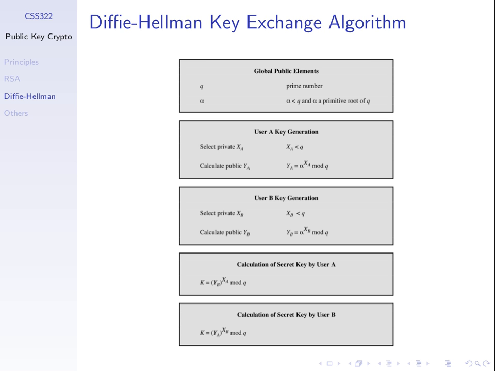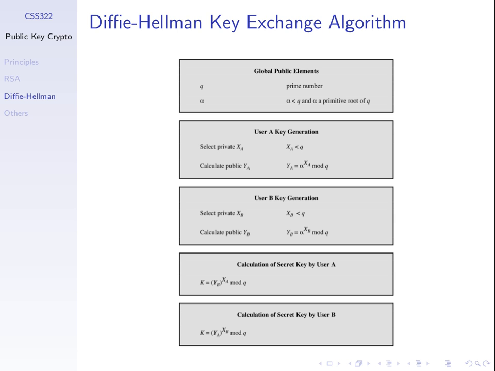We mentioned primitive roots in number theory. You don't really need to understand how they work. Here we just need to know alpha is a primitive root of q. We saw that's part of the discrete logarithm. So they are known. That is, we choose those values, q and alpha, tell everyone, write it on a website, whatever. Everyone knows those 2 values.